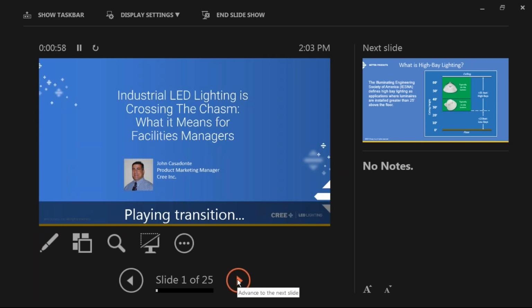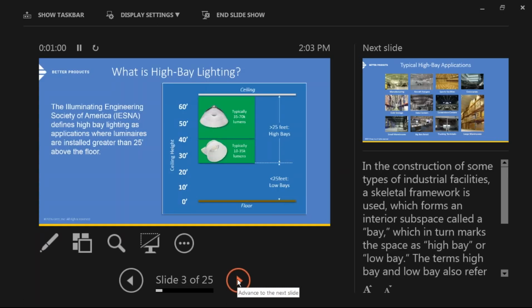So first, I always like to do a level set on the products and the positioning of what we're talking about in terms of high bay lighting. This is a definition developed by the IESNA. On the right-hand side, you see two different graphs. A low bay product is anything from floor level up to 25 feet. The high bay level is 25 feet and above.